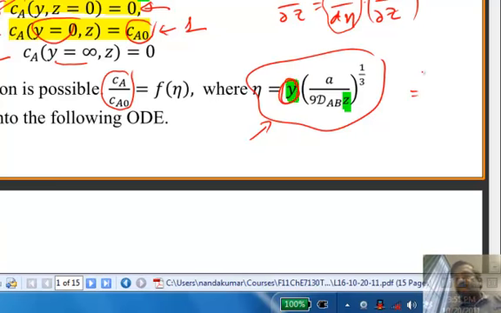So if you do this, for example, a constant times y cubed divided by z, that will also succeed in transforming that PDE into an ODE. Okay, the ODE may look a little bit more complicated, but the transformation would be successful, because what is key is the ratio of y cubed and z.